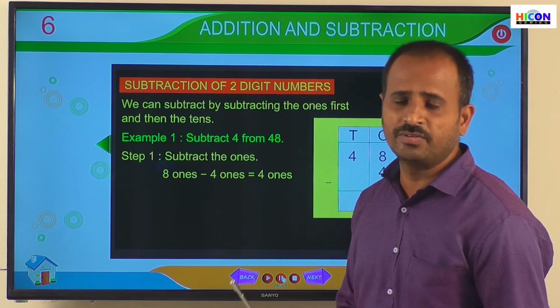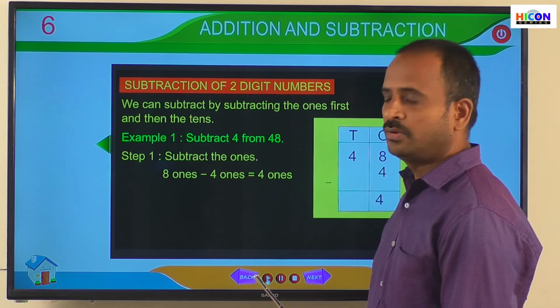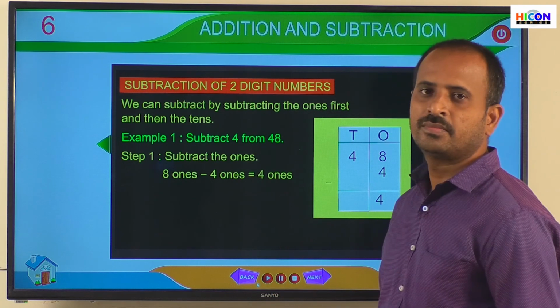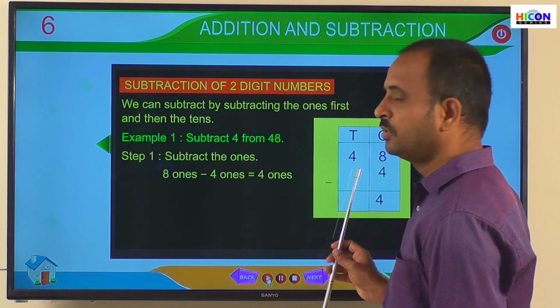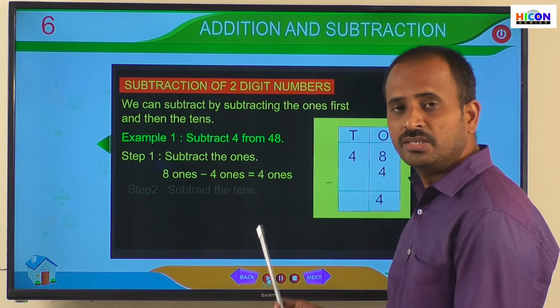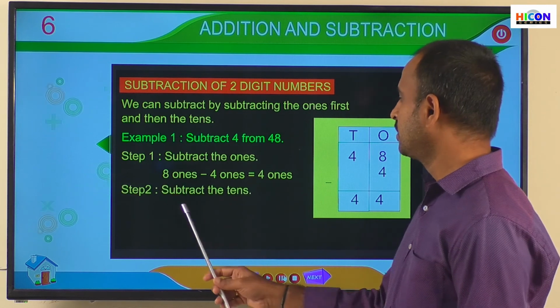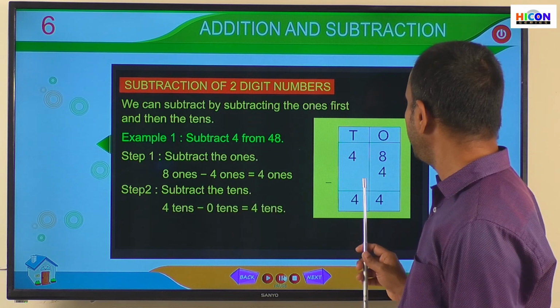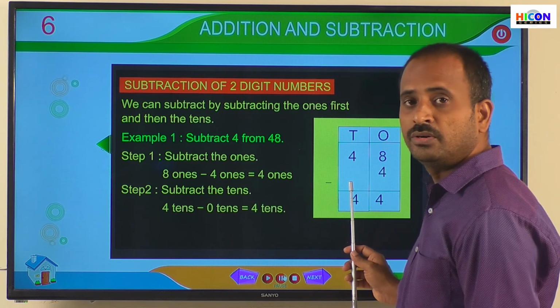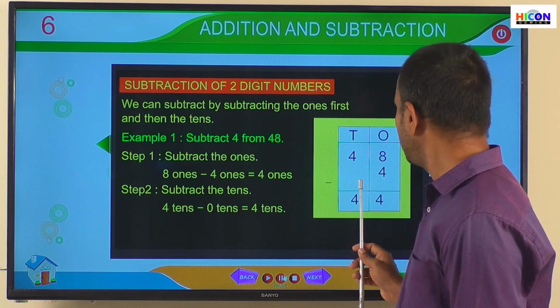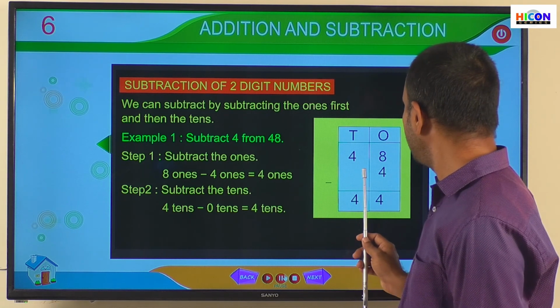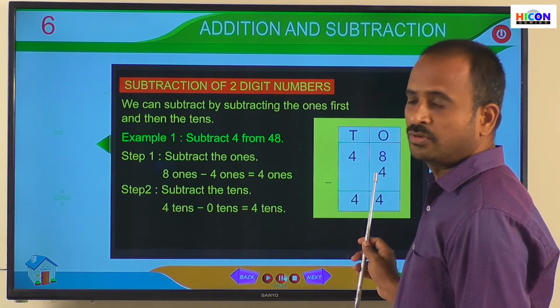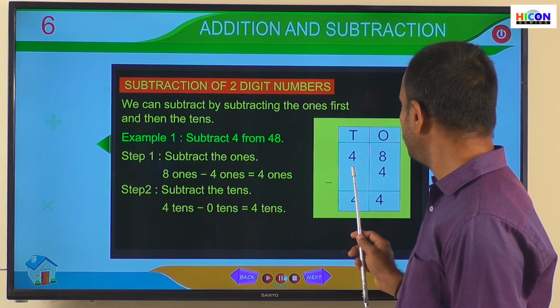After completing ones place, the next step is to go to tens place. In step 2, we have to subtract the digits present in the tens place. What are the digits present in tens place? 4 and 0. Here there are no tens in the second number, so no tens means there is 0.